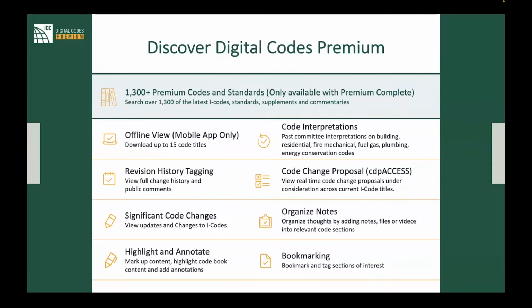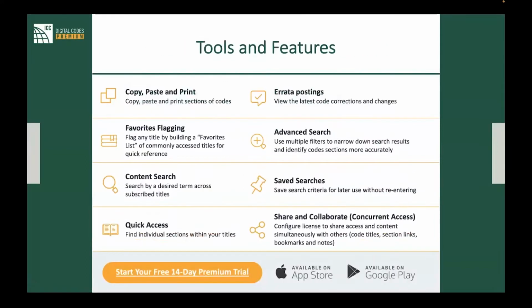And of course, all the other things you'd expect with having everything digitized with lots of titles that you can access, code interpretations. We got the code CDP, the code development process, significant changes, revision history, and then all the abilities to create notes and be able to organize them, highlight, annotate, and bookmark, and be able to collaborate.